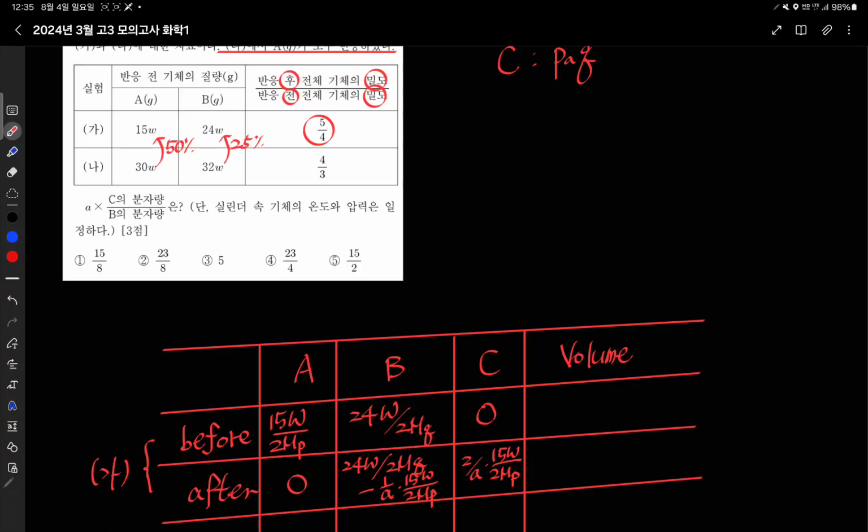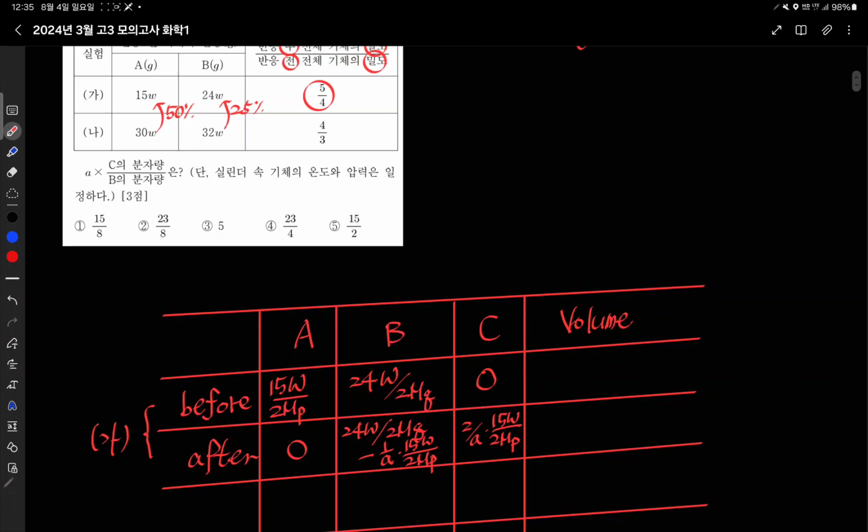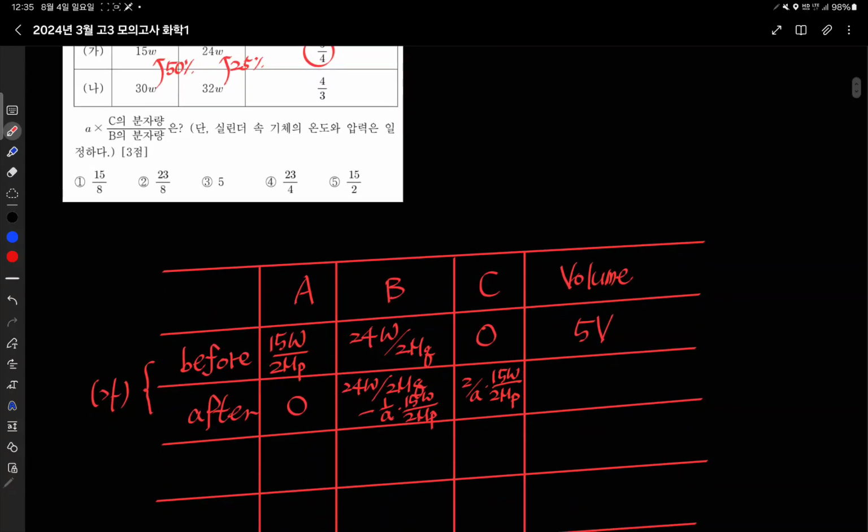So if the density increases from 4 to 5, the volume will decrease from 5 to 4. So if the volume of the gases before the reaction is 5 times V, after the reaction it will decrease to 4 times V.